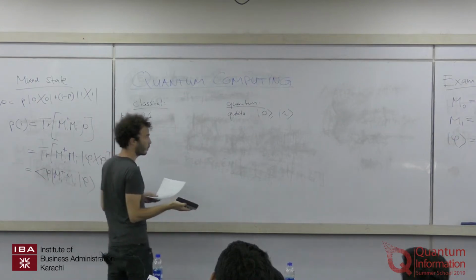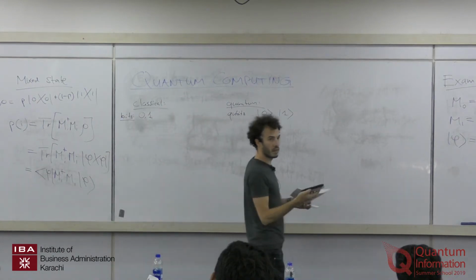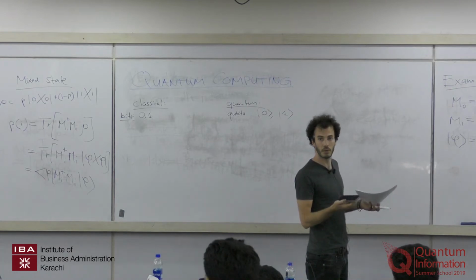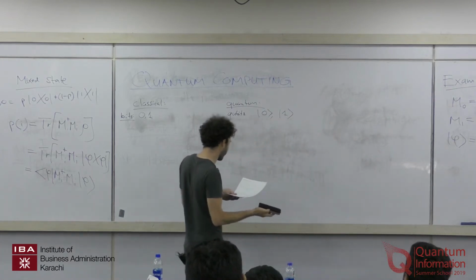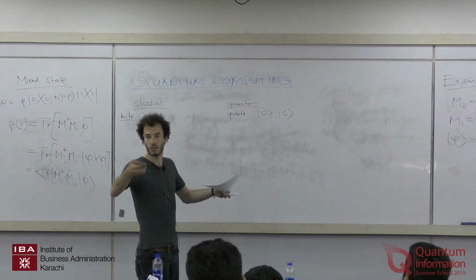So in a quantum circuit model, we have gates, like in classical circuits. We have AND or NOT gates. In quantum circuits, we also have gates, and we compose them in order to compute some function.